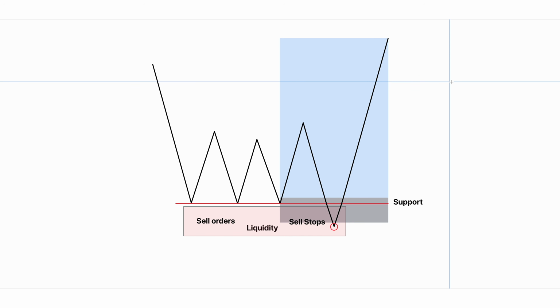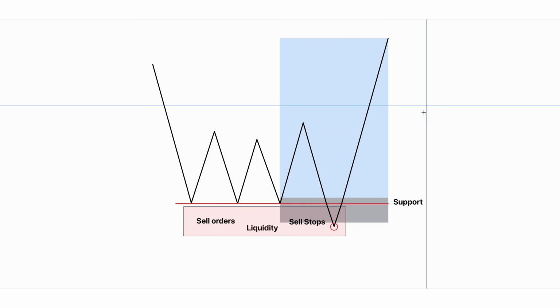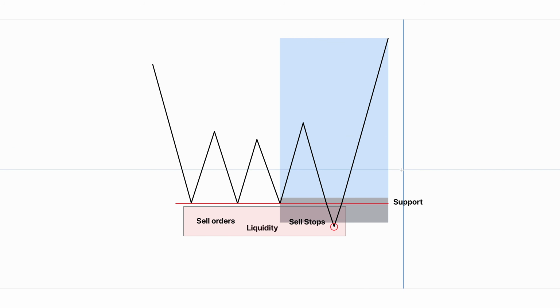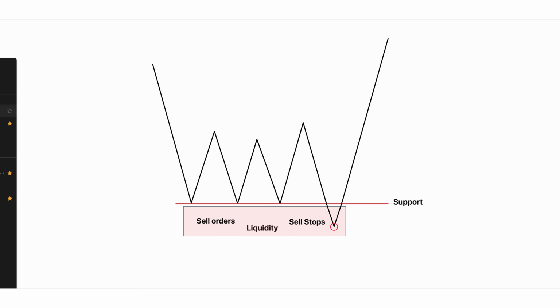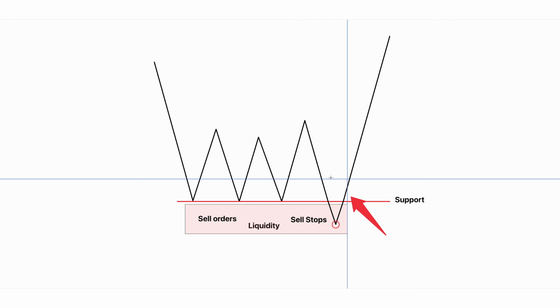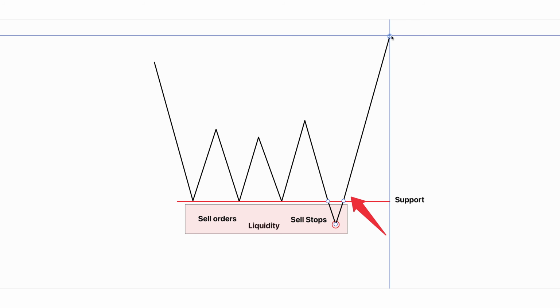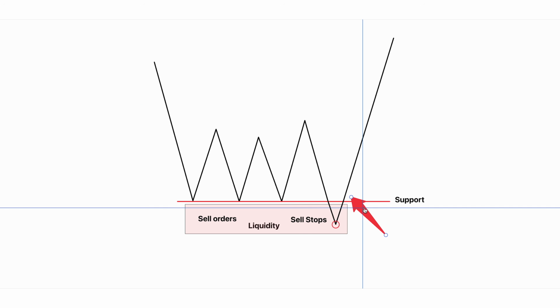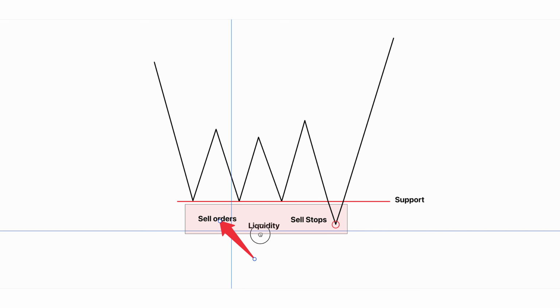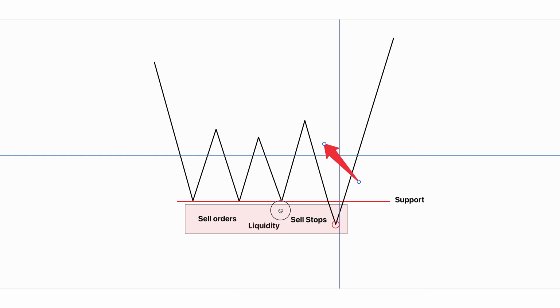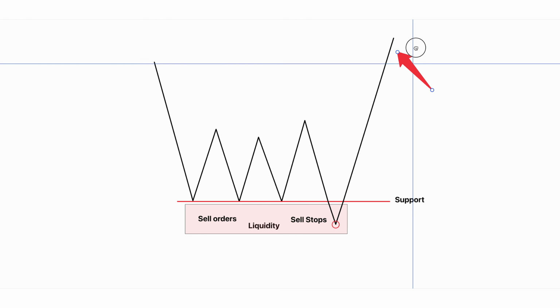It's frustrating, but understanding this liquidity and understanding why it happens, as I'm explaining to you now, is very, very valuable. Because what if we were able to actually join this move around here after the liquidation had taken place? Well, the good news is we can do that. We can basically piggyback the moves of institutional participants, avoid the trap and avoid getting stopped out, and join a little bit later just as the big move is beginning.